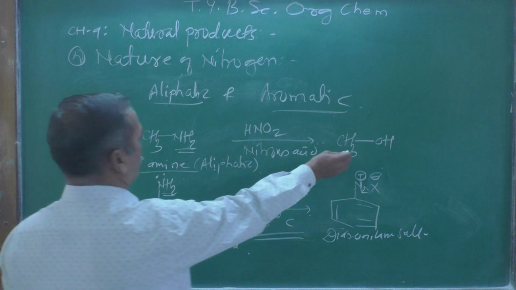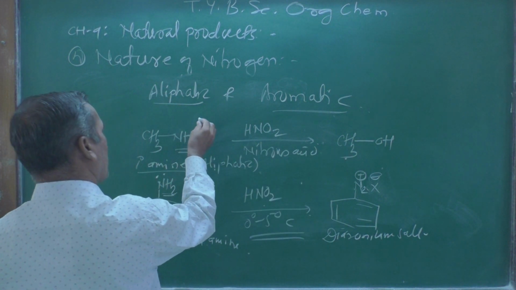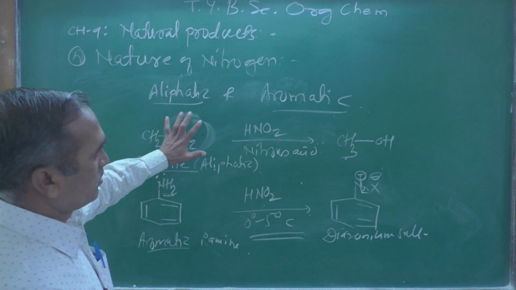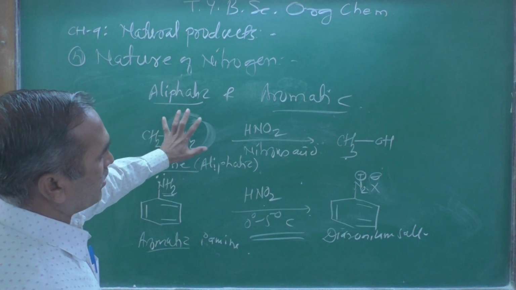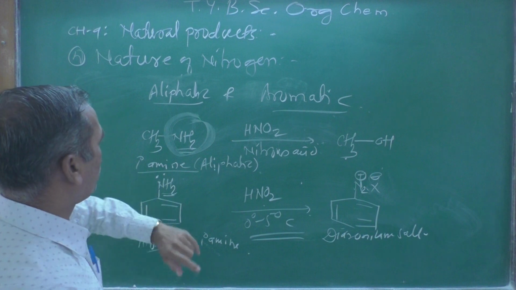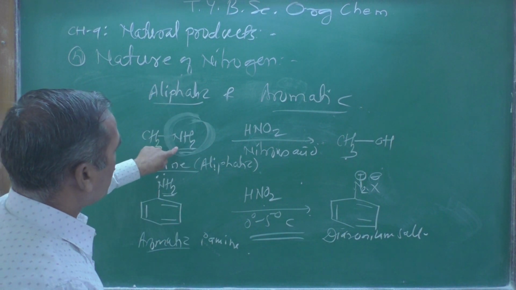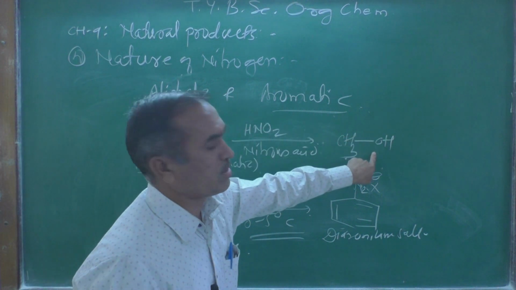Remember this way. You look here, a tremendous change takes place. Why am I repeating again and again? You should not forget in your whole life that the NH2 group is directly converted into alcohol.